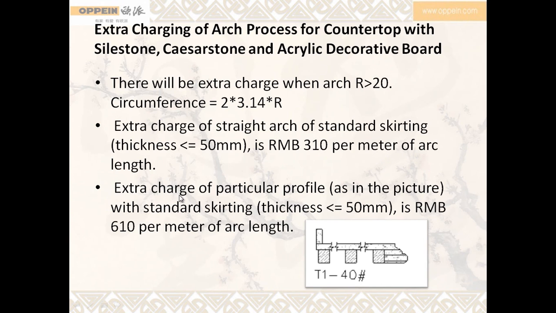The last one, extra charge of particular profile, as in the picture you can see here, with standard skirting, and thickness is no more than 50 millimeters. It's 610 RMB per meter of arc length.